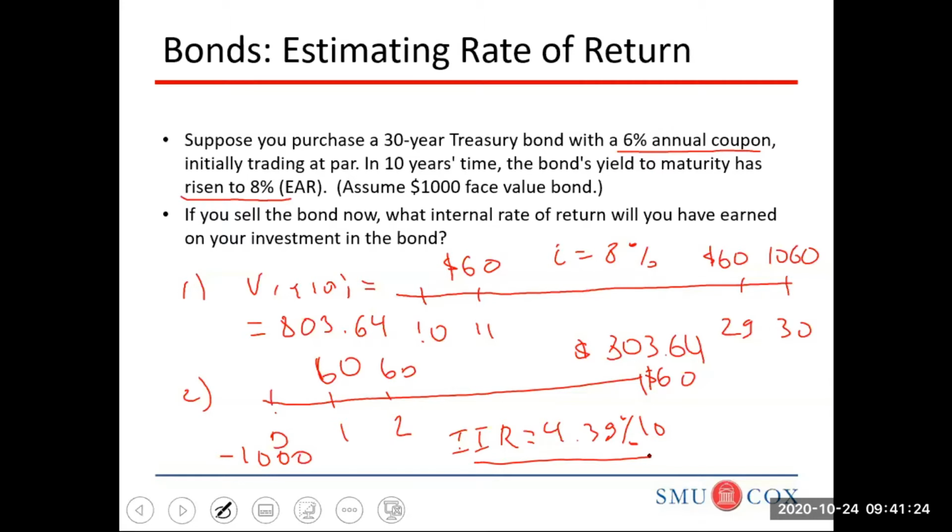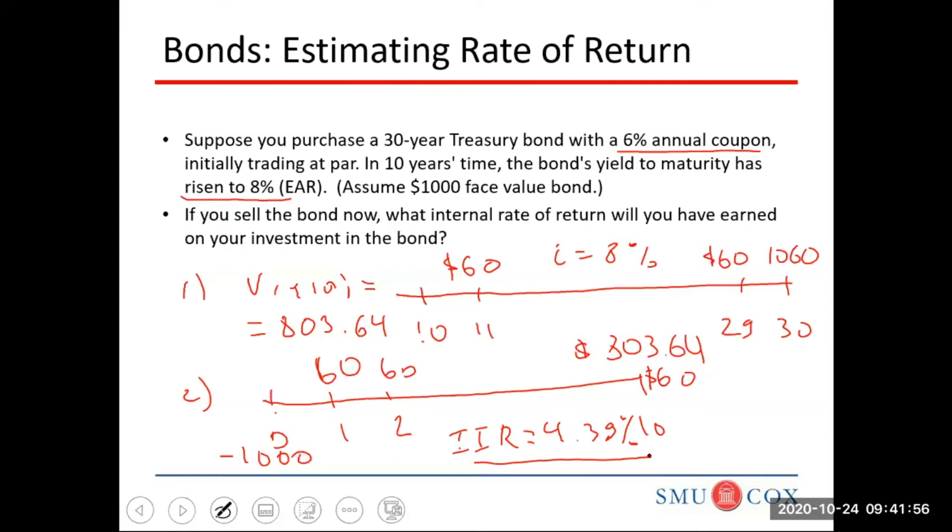It's a secure treasury bond, so there's no credit risk. There's no risk that the borrower will default, but there is this market interest rate risk. If we buy it now and interest rates rise in year 10, the price goes down, and our rate of return will be impacted negatively. So we'll earn a fairly low rate of return on this investment.